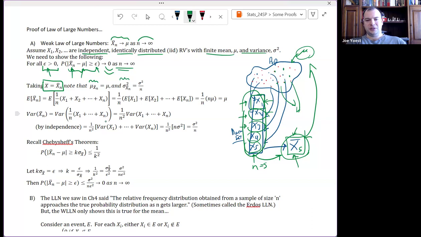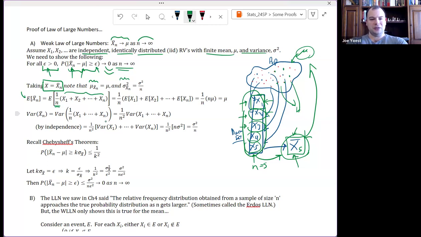What are these means and variances? Well, let's figure out what mu sub x bar n is. The expected value of x bar n, well, this is from section 5.1. What's x bar n? It's the sum of the xi's over n. And I want to compute the expected value of 1 over n times x1 plus x2 and so on plus xn.